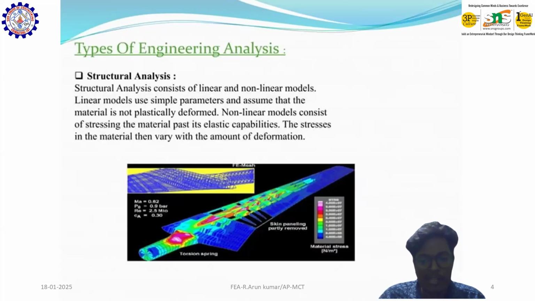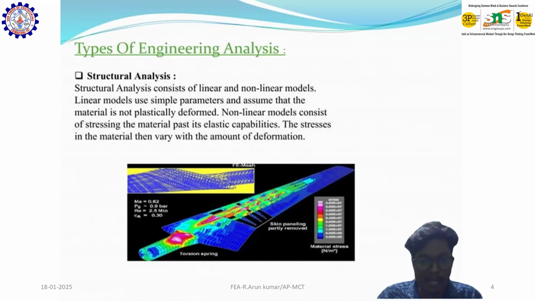We will discuss in detail how these types of problems are generated. Now, let's look at the types of engineering analysis. First of all, we discuss structural analysis, which consists of linear and non-linear modes. The linear mode uses simple parameters, assuming the material is not plastically deformed.